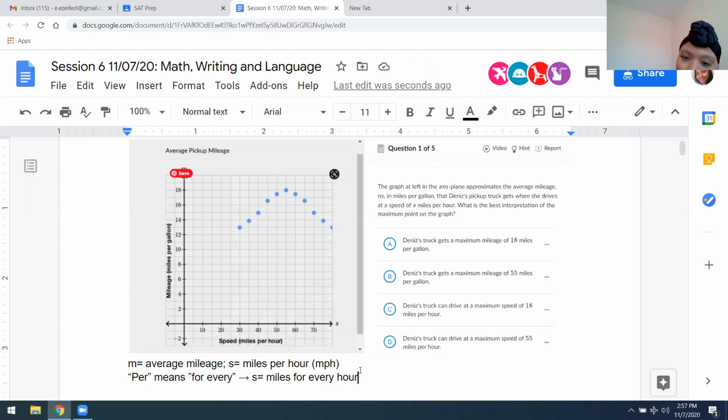So now, when we're looking at graphs, it's helpful to locate where the S and where the M are. So the S is here. I'm sure you guys have heard of the X and Y axis, rise over run, the Cartesian plane, and all that good stuff.